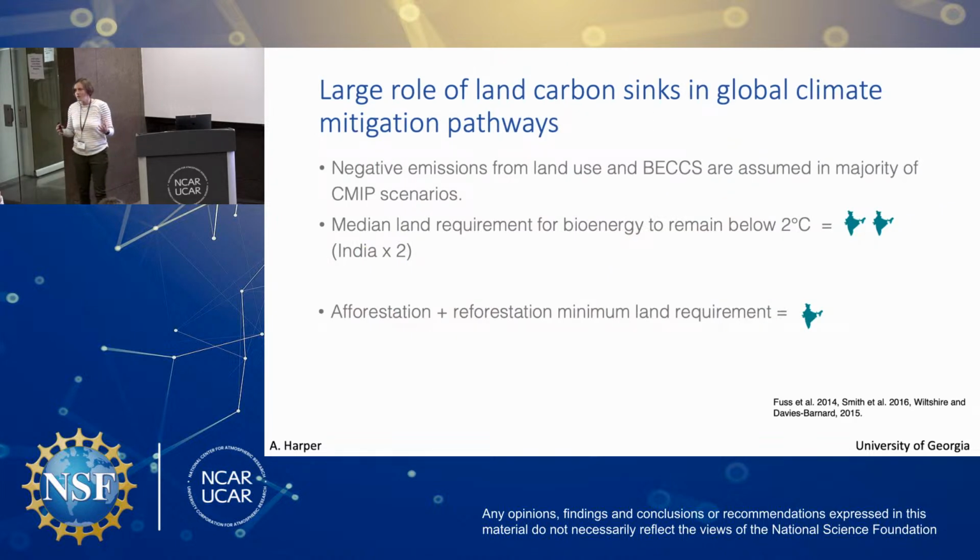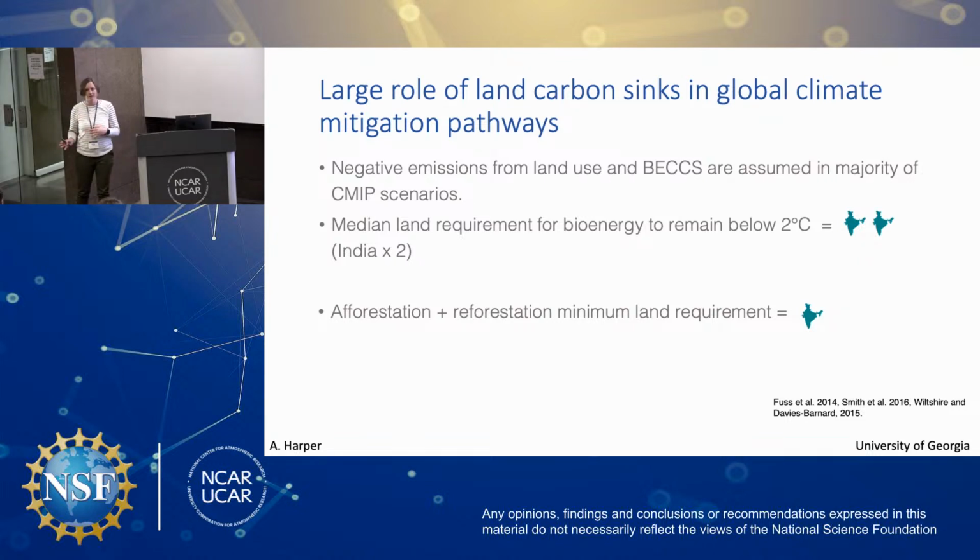But they could potentially have a really huge impact on the land and on land-atmosphere feedbacks. In the CMIP5 scenarios, looking at all the scenarios that meet a 2 degrees target by 2100 and at how much land in those scenarios went towards bioenergy crops, the median amount was equivalent to about 2 times the size of India.